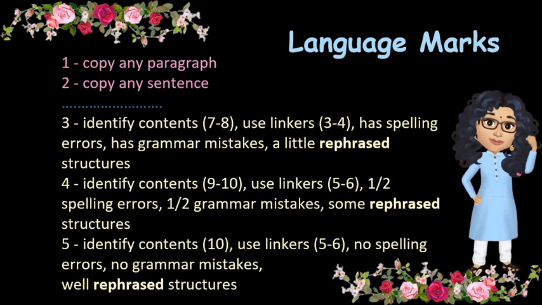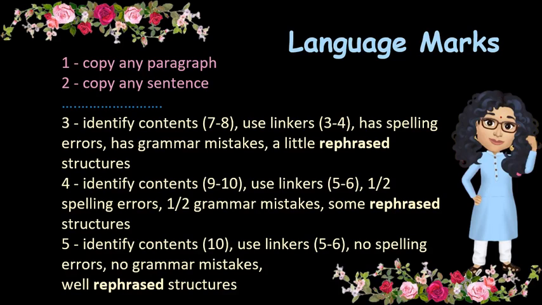When I say has spelling errors and grammar mistakes, it is actually a serious thing, because you are writing a summary, you are taking the content points from the paragraphs. How can you have unnecessary spelling errors and grammar mistakes? You're actually copying most of them, only that you are restructuring a bit. So that's what I'm telling you: avoid grammar mistakes and spelling mistakes here.